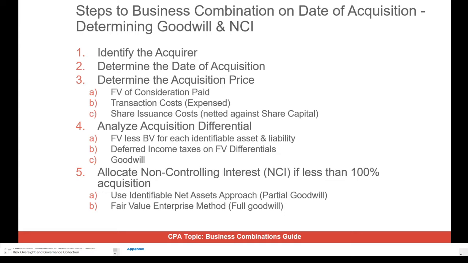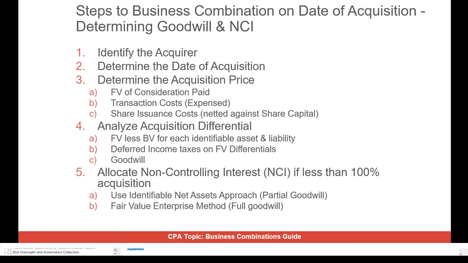Now, if you purchase less than 100%, you will have what's called non-controlling interest, and you have two methods to apply. This is also part of the discussion that you might need to include in your analysis, whether you're using the identifiable net asset approach, which we're going to go through tonight, or the fair value enterprise method. Again, we're going to use an example to show.